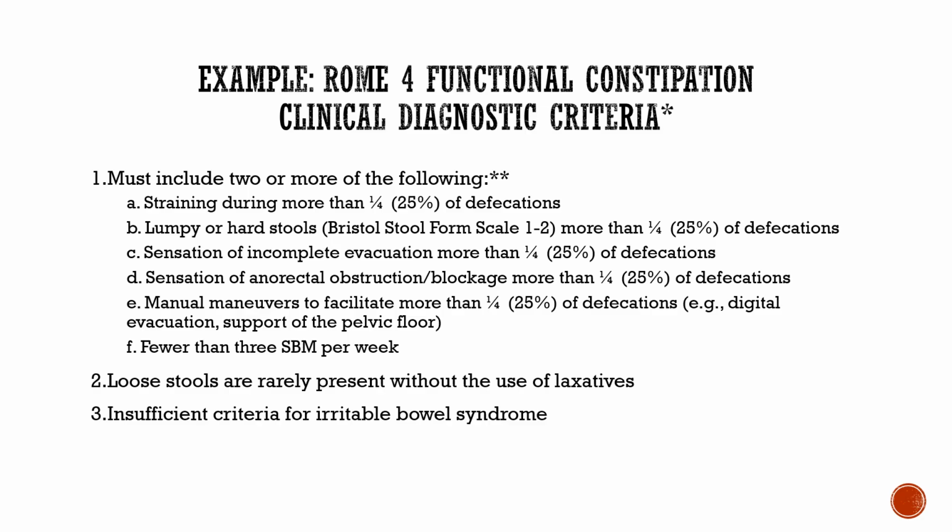The sensation of incomplete evacuation, not really emptying your bowels. Anorectal obstruction or blockage, that sensation that something in there is keeping the feces from moving out. The use of manual maneuvers to facilitate more than a quarter of the defecations.